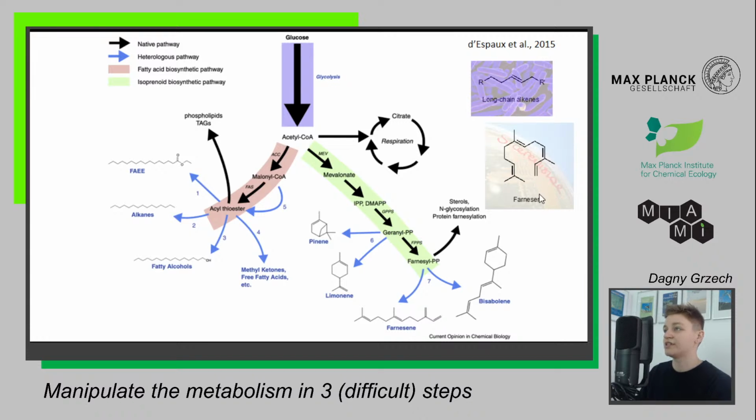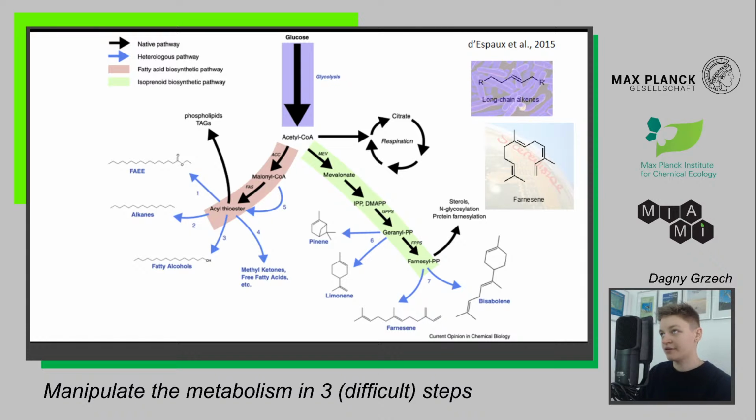For example, farnesene, as I said, in Saccharomyces cerevisiae, or some other biofuels that are quite efficient, and they are pretty good for use because they have less environmental impact than traditional petrol fuels, as they can be produced from waste that comes from other industries such as farming.